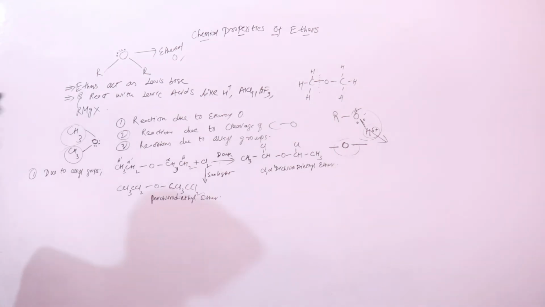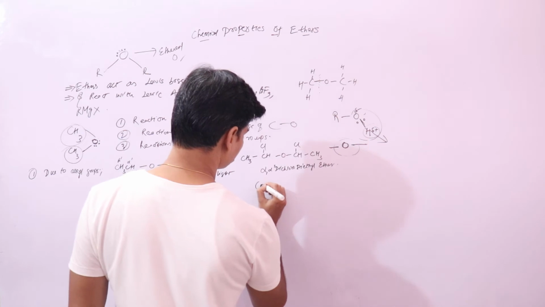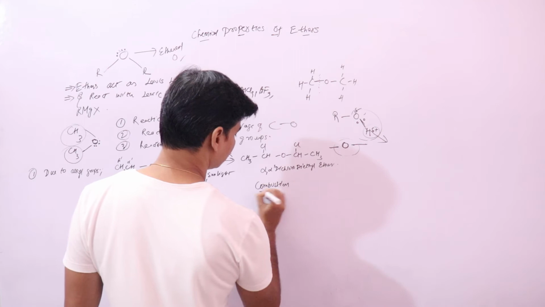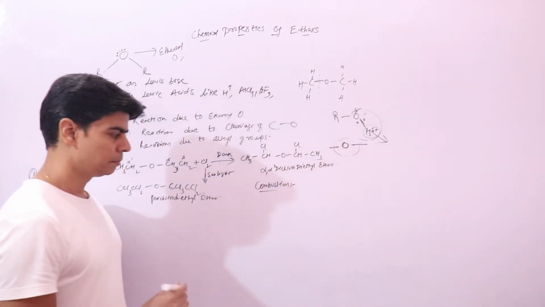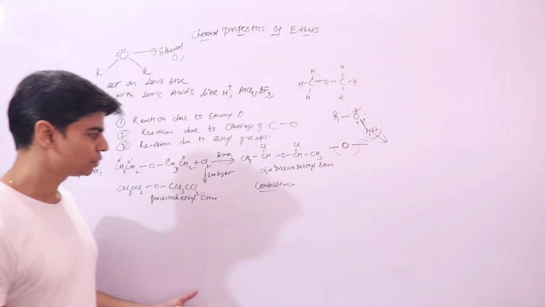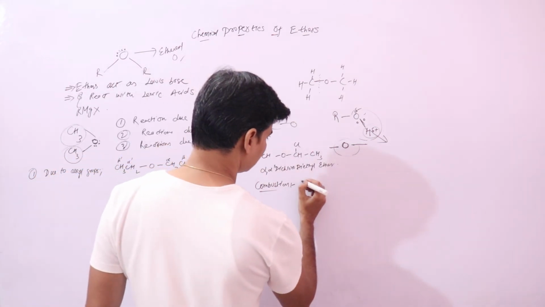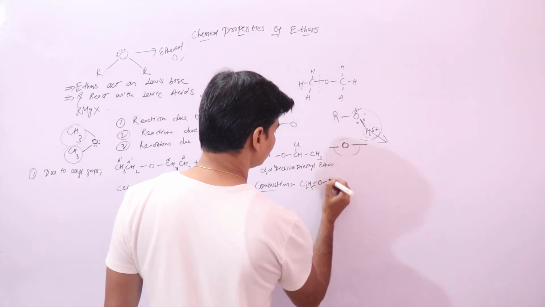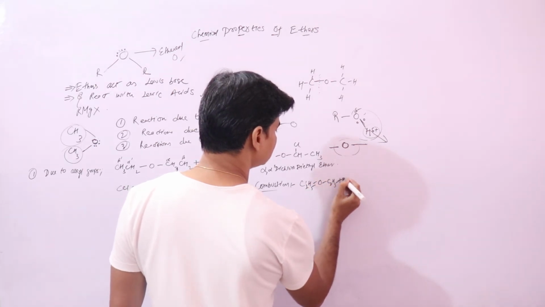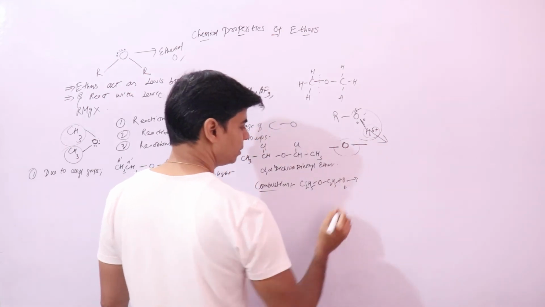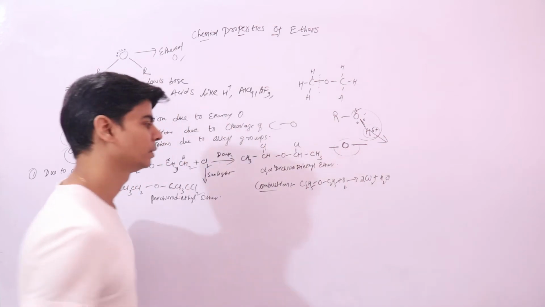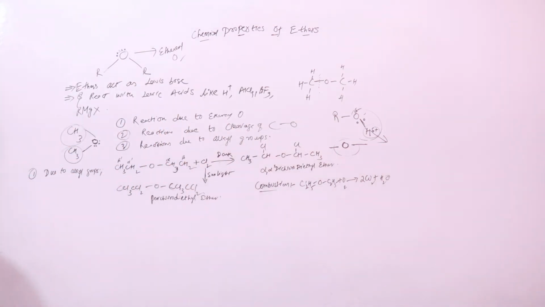The second reaction that we have is its combustion. Combustion is burning of ether. So ether burns in oxygen. For example, if you have C2H5, O, C2H5, it burns in oxygen to form carbon dioxide and water. This is what normally organic compounds do.